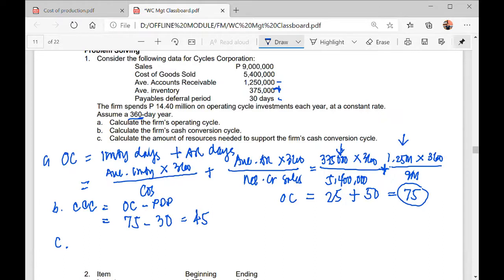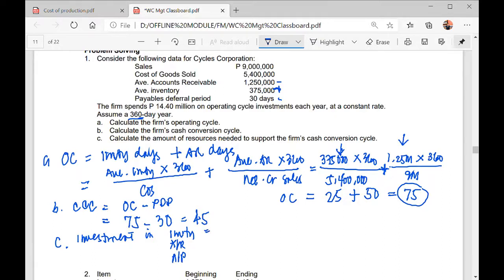Next question: the amount of resources needed to support the cash conversion cycle. You can use the shortcut and you can also use the long version. The long version: you get the investment in inventory, the investment in AR, and the investment in accounts payable.